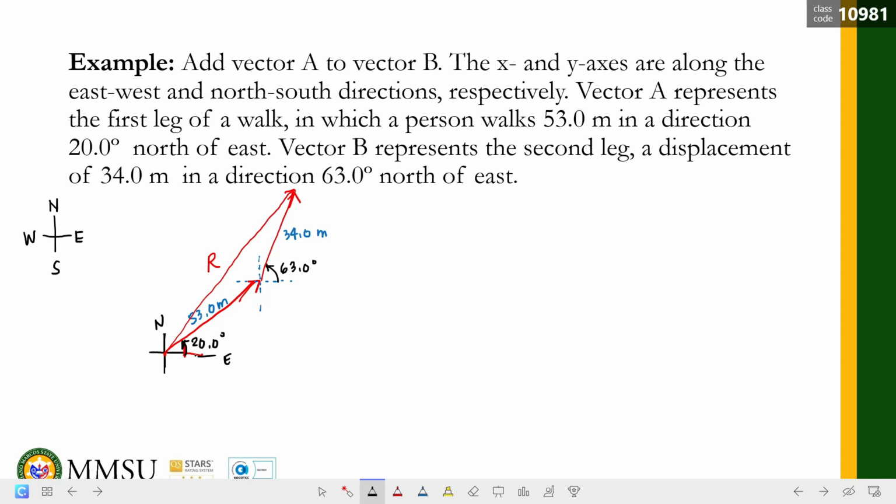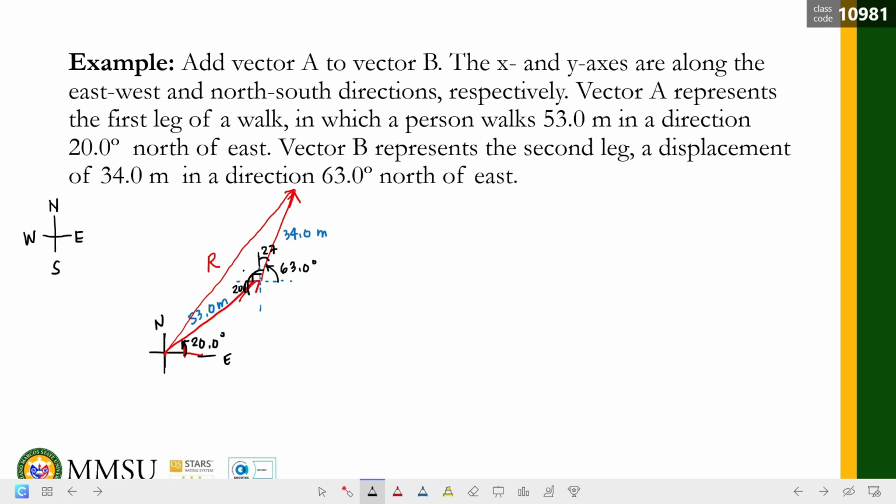Okay? So, una, tingnan natin yung mga angles. So, if this is 20 degrees, ibig sabihin this is also 20 degrees, right? Alam natin, perpendicular yan, so that's 90. That's 63. So, ang natitira dito, 90 minus 63, ilan yan? 27. Tama? Yan, 27 degrees. So, in total, itong buong angle na to, it's 20 plus 90 plus 27.